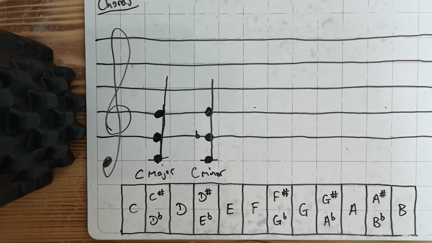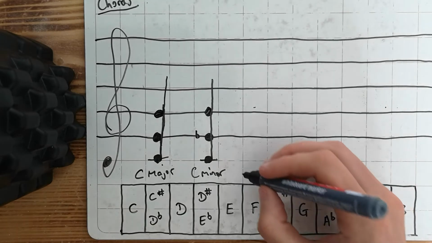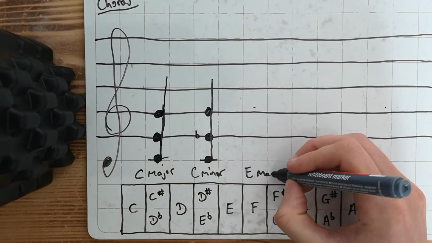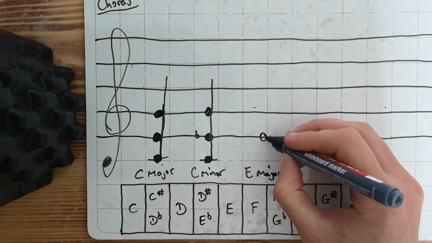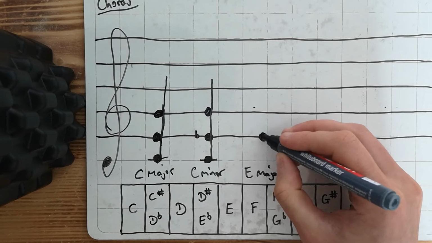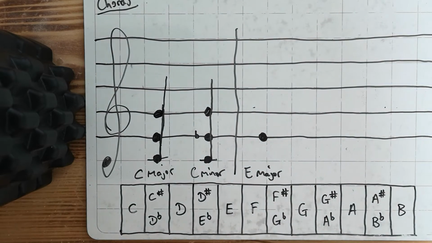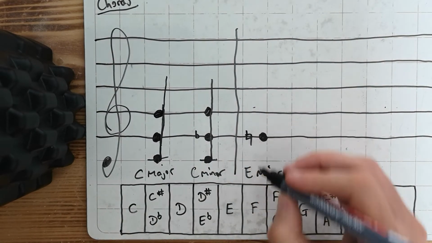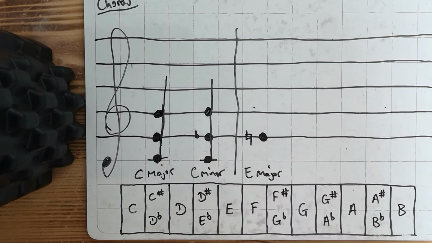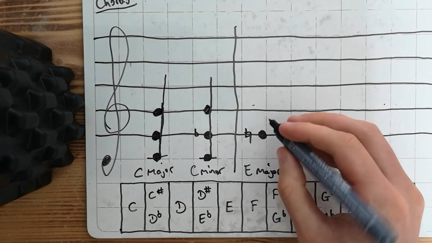So if I wanted to work out an E major chord, now E is my root note. So I start on E. I'm going to draw a bar line so as to not confuse things. This is an E, there's a little natural symbol because that's E flat, so that's E. I will do E major, so I need 2 tones up, which gets me to G sharp or A flat.